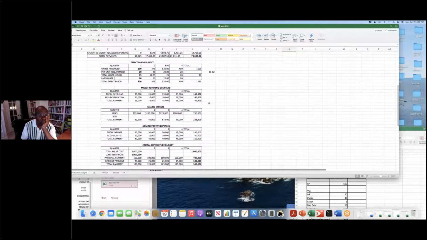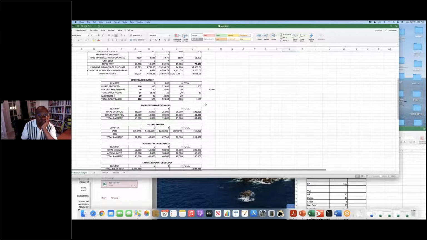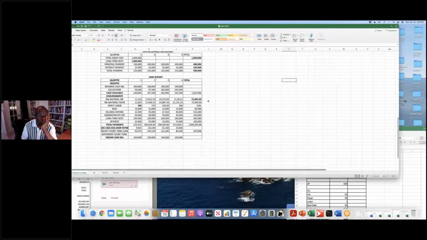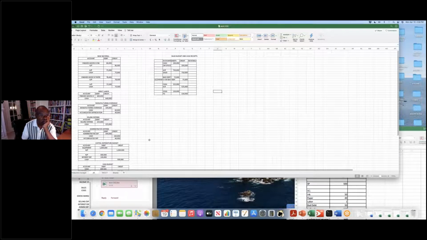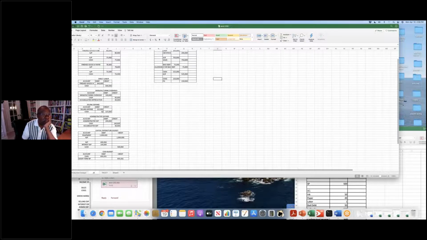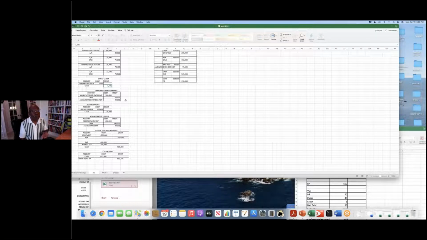Direct labor should be like 1595, right? Yeah, 1595. Direct labor has to be changed. So direct labor one and then the cash budget one, and the cash budget one is 470,096.